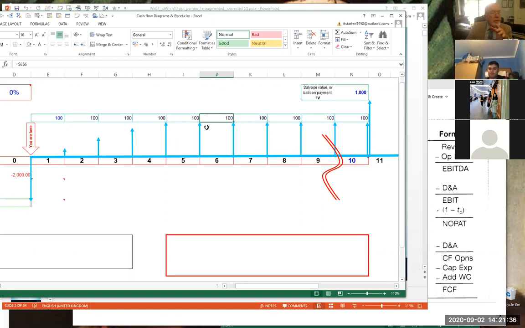Now, by drawing the diagram like this, I've already helped myself to conceptualize when the cash flows are happening, what the patterns are doing, what the relative magnitudes are. So I've got all of this information, this complexity, drawn on this very simple diagram. And all of a sudden it becomes really easy.